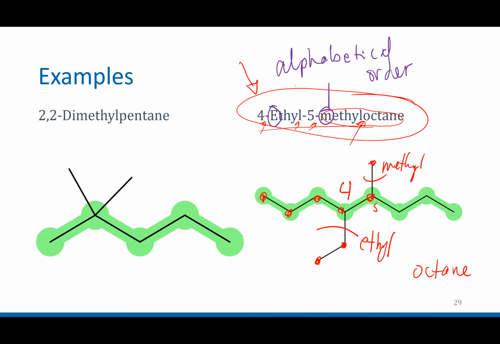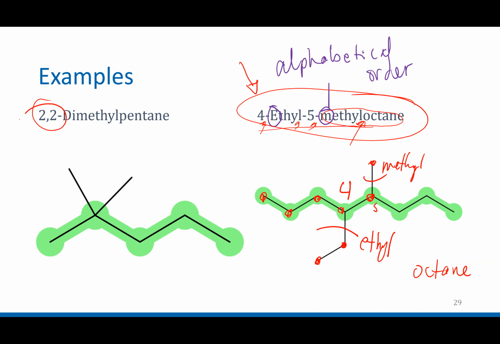Now, this is something we definitely haven't done before in this class. This idea of, well, what if you have two of the same functional groups on the same carbon? And it's totally possible. You can even sometimes have three functional groups. Well, not on the same carbon, I guess. Nothing that I know of would be breaking the rules.